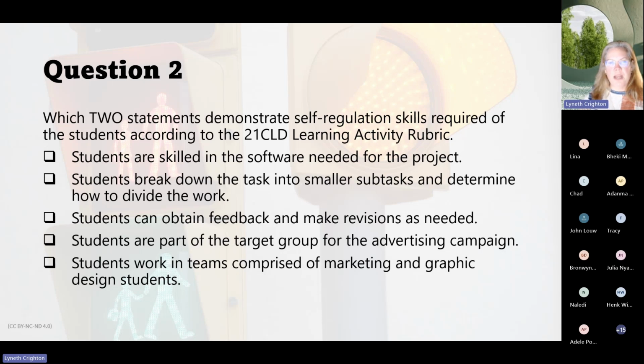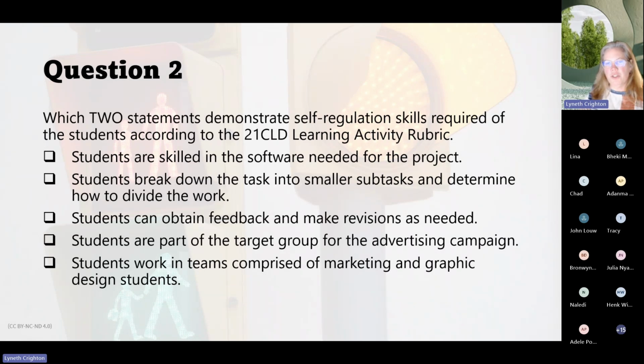Second one, students break down the task into smaller subtasks and determine how to divide the work. Would you say yes, that is part, thumbs up, or no. Yep. Then students obtain feedback and make revisions. Thumbs up if that's true as part of self-regulation, or surprise if it's not.